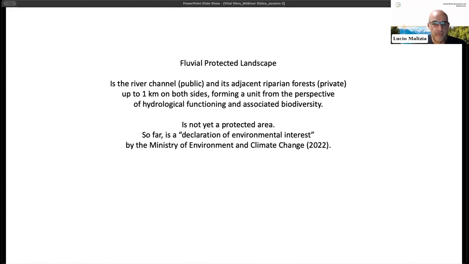So far, we have been working with the Ministry of the Environment and at the Jujuy province to get a declaration of environmental interest that can be read from two sides: just a declaration that doesn't mean much, and on the other side, this declaration took a couple of years of effort through meetings with different stakeholders that agreed to push forward the idea. And I will talk a little bit about that in a few minutes. The next, please.